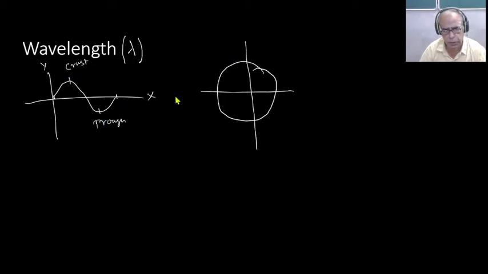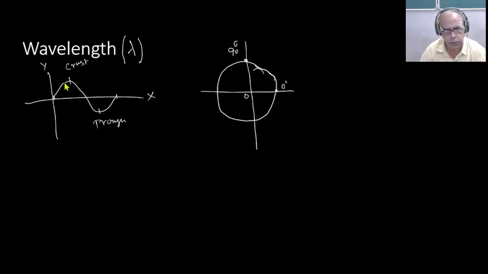Here it is represented as a sinusoidal wave, that is sine wave, and here let me call this the origin, start from 0 degree. Now the object is moving in a circular fashion like this and reaches 90 degree.